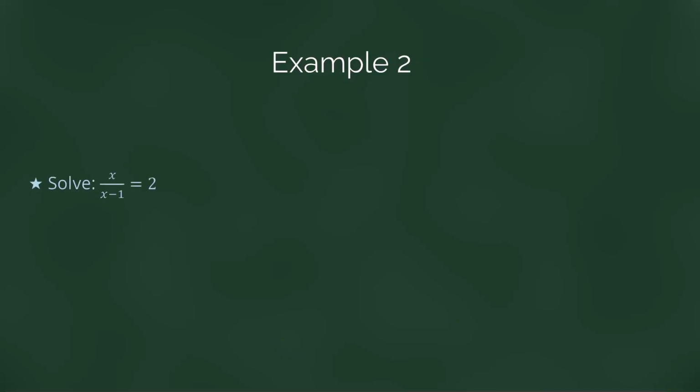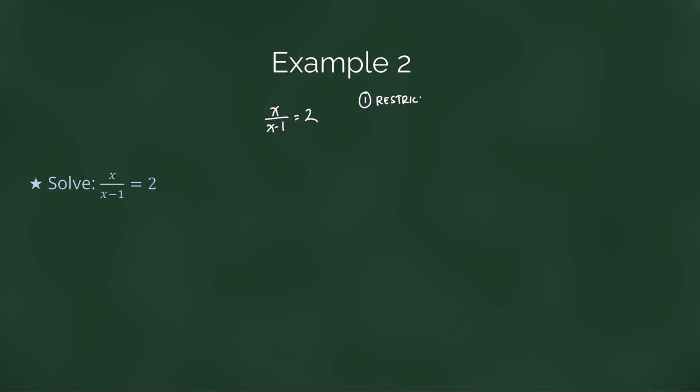Let's try one more. Here we have x over x minus 1 equals 2. Again, we have a polynomial over a polynomial on the left, and then we just have a number, which is a polynomial of degree 0 on the right. So this is a rational equation. So we're going to look for our restrictions first.